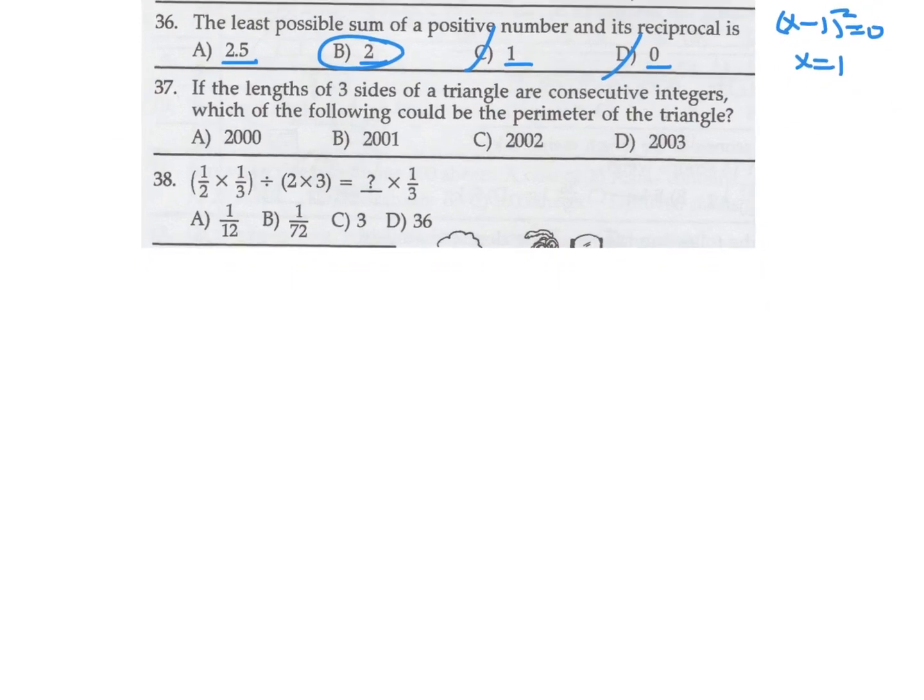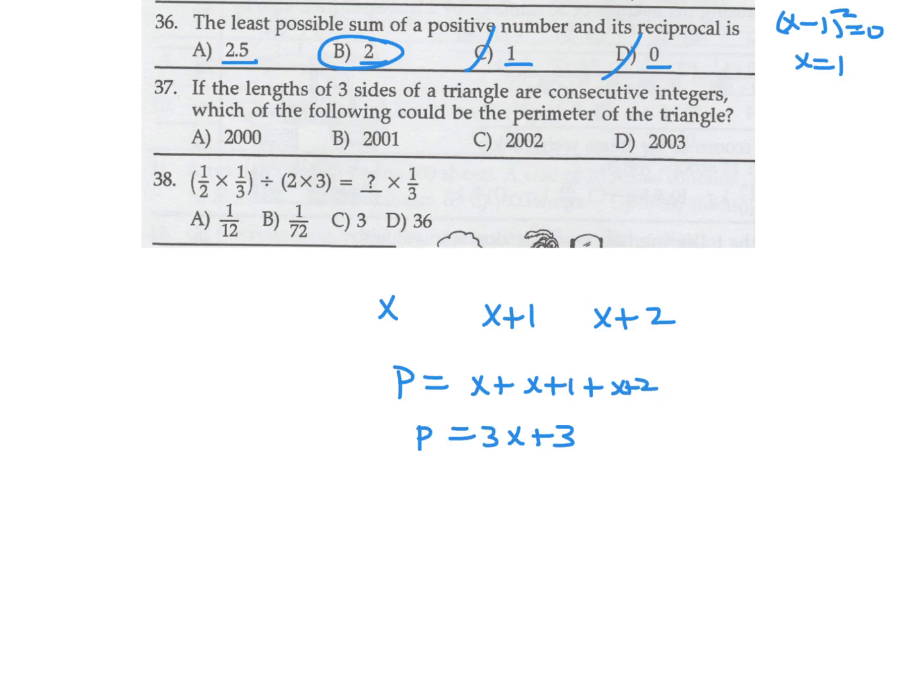If the lengths of 3 sides of a triangle are consecutive integers, which of the following could be the perimeter? So consecutive integers are x, x plus 1, and x plus 2. The perimeter, therefore, you'd have to add them: x plus x plus 1 plus x plus 2, and that would be 3x plus 3.